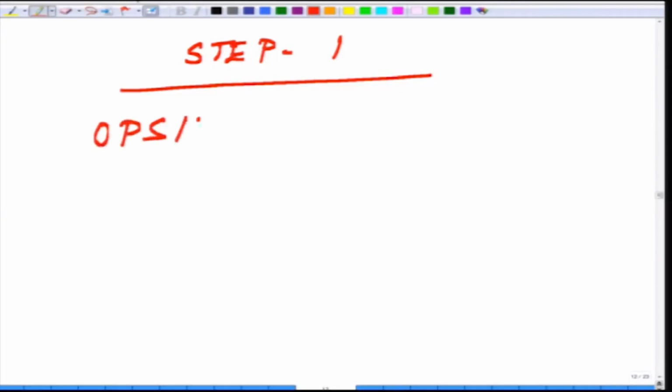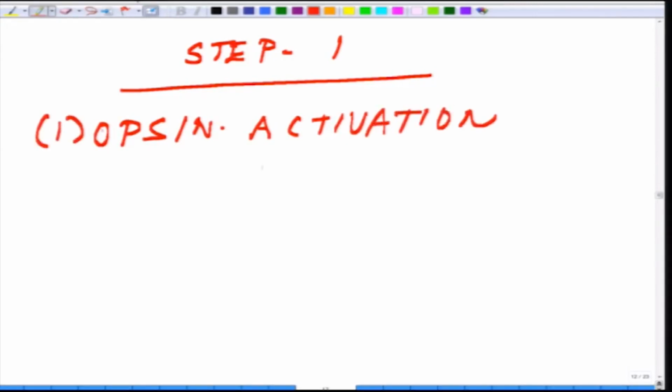opsin activation, because when the light falls, I told you the opsin comes out and the 11 trans-retinal dissociates. Okay. Then in step 2, opsin does something very interesting.